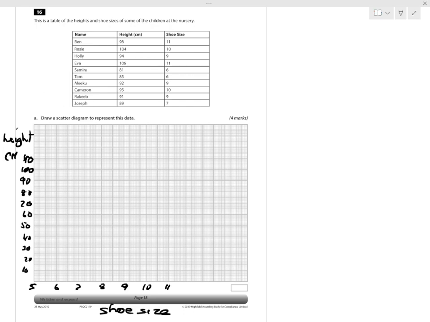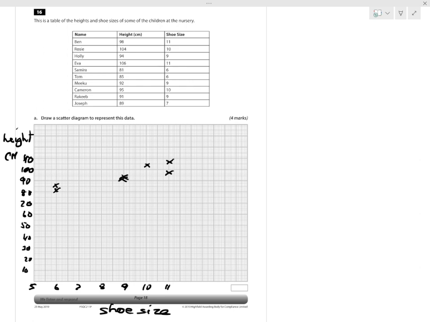Alright, now we're going to plot all these things. 11 is 98. 10 is 104. 9 is 94. 11 is 106. 6 is 81. 6 is also 85. 9 is 92.